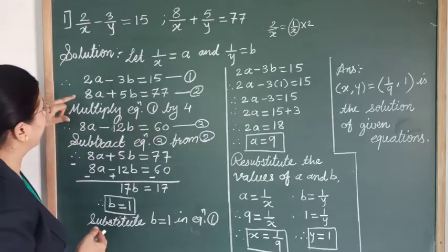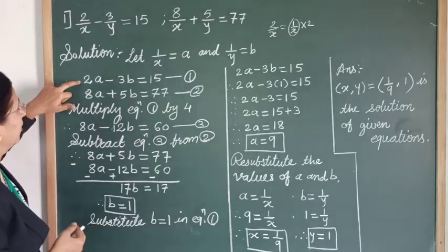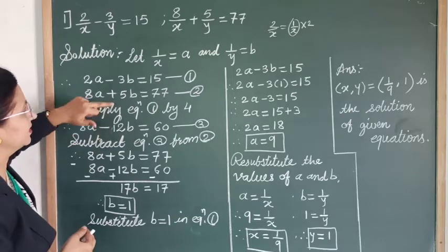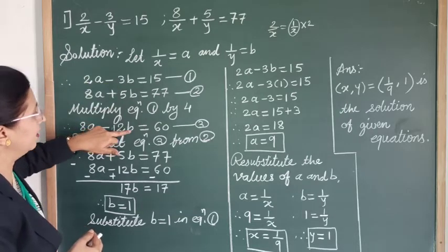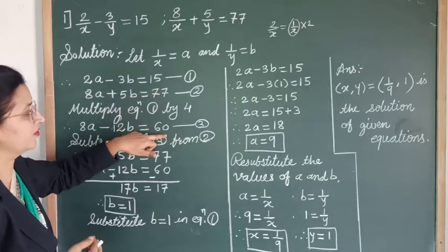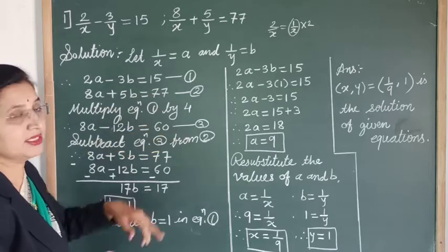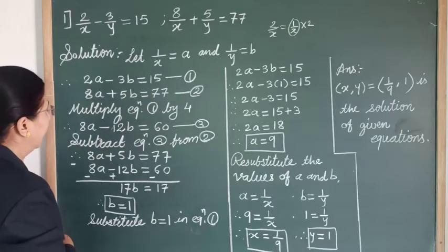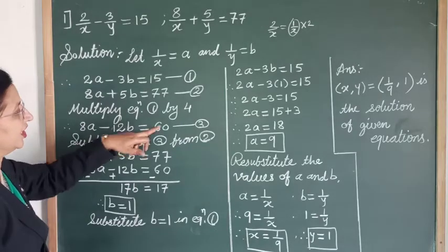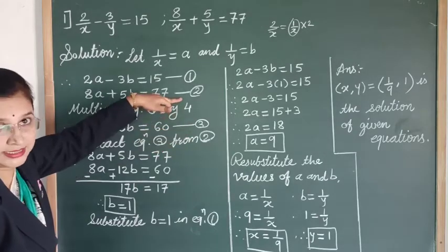After multiplying by 4, we'll get 4 2s are 8a minus 3 4s are 12b is equal to 15 4s are 60. Let's give this as equation number 3. Now subtract equation 3 from equation 2.